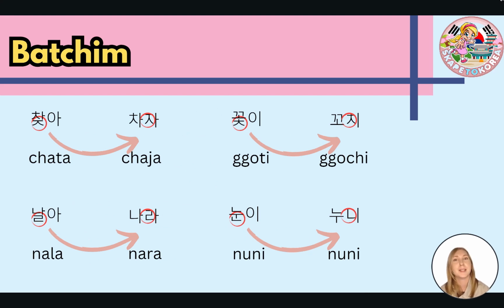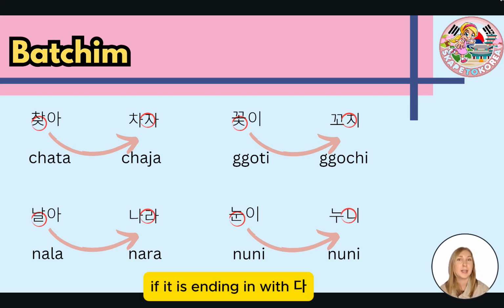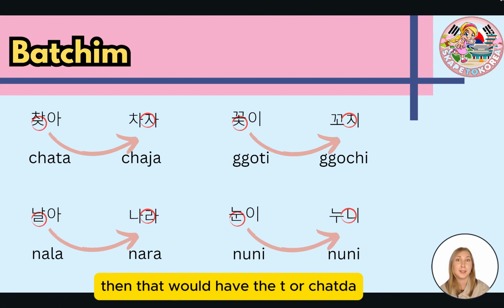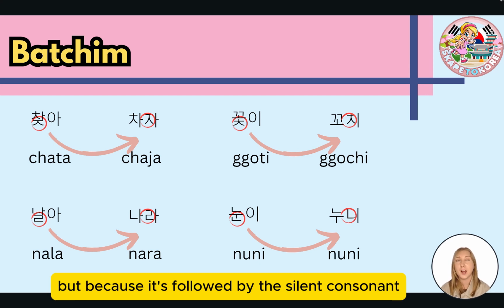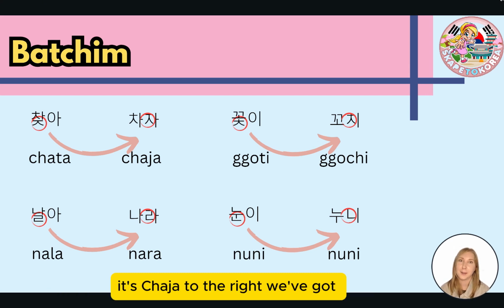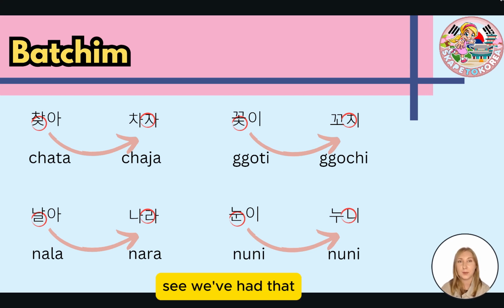So we've got 찾아. So it's not 찾다, but 찾아. If it is ending in with ta, or if it's just on its own, 찾, then that would have the T or 찾다, 찾다 to find in its dictionary form. But because it's followed by the silent consonant, it's 찾아. To the right, we've got 고치, yeah? 고치, we've had that.